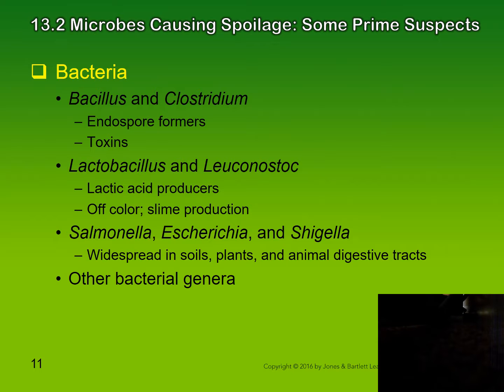Salmonella, Escherichia, and Shigella are common gut bacteria from mammals, and they can be found pretty widespread in soils and with plants.